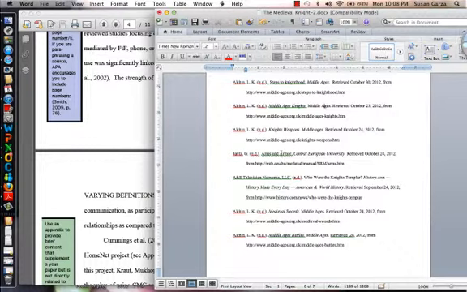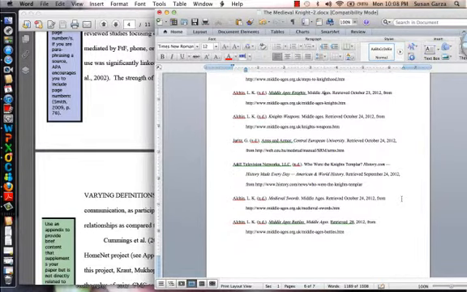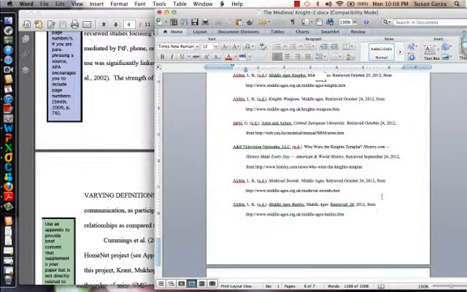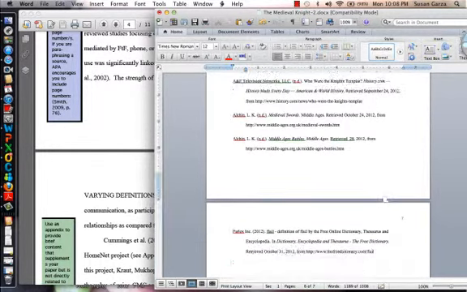Remember, unless you're doing a journal, you're not going to capitalize all of the words. So here, were and Knights Templar. Knights Templar would be capitalized because it's a proper noun, but were would not be. Let's see. But overall, it looks pretty good.